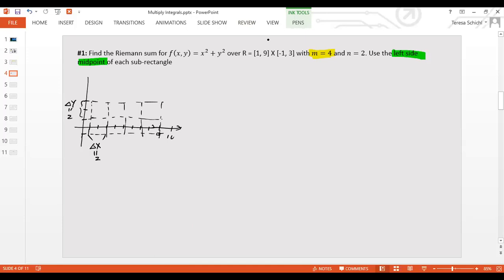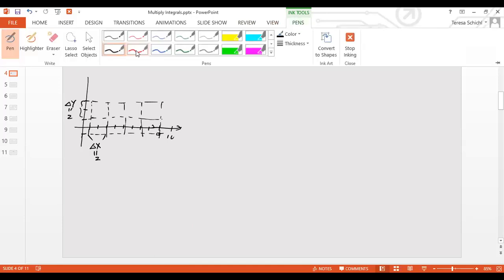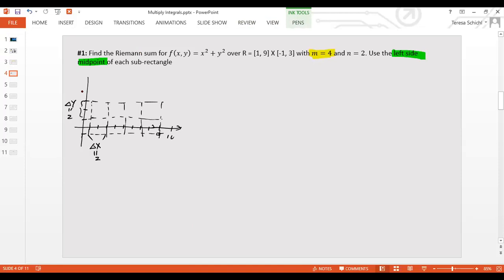Now let's use the left-hand side midpoint. This is the first one, this is the second one, this is the third midpoint. You visualize this: you're going to touch your function, which gives a height.